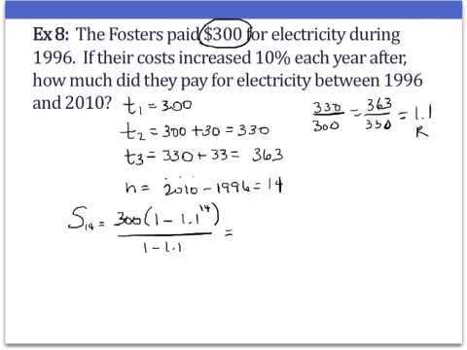So I'm beginning by raising my 1.1 to the 14th, subtracting that from 1. It gives me a negative. And then I'm going to multiply that by 300. And then I'm going to divide that whole thing through by negative 0.1. And this gives me a total of $8,392.50.